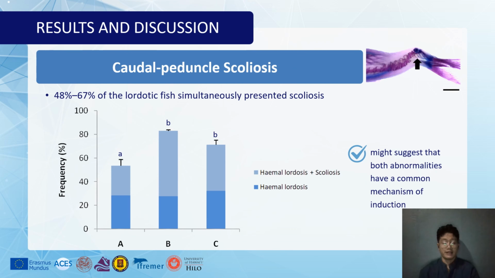On the other hand, we found out that around 48 to 67% of the lordotic fish observed in this study simultaneously presented scoliosis, and this might suggest that both abnormalities have a common mechanism of induction. However, further studies are needed to prove this claim.